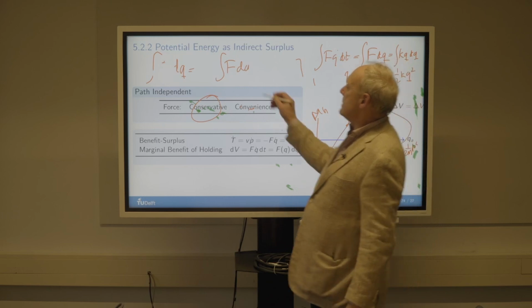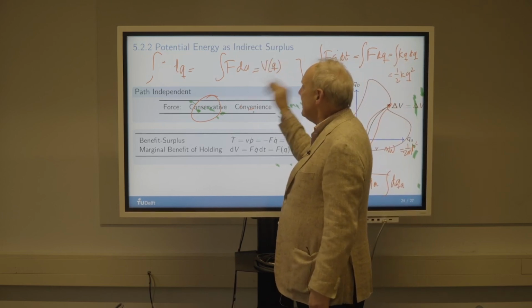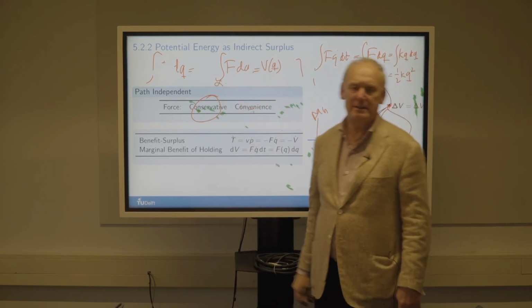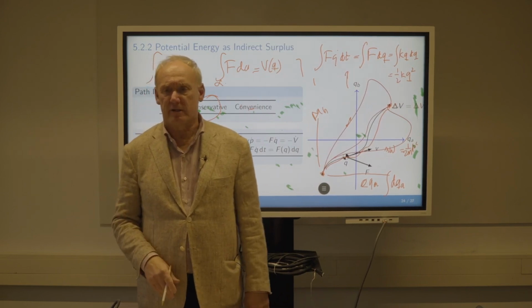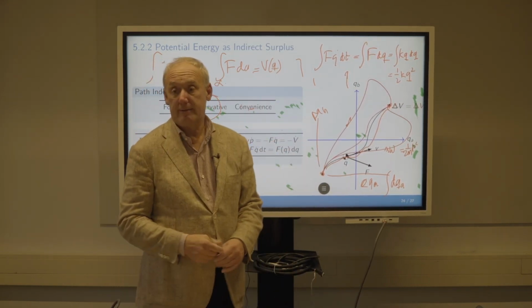And if it works out, then you can get this function of Q that is independent of how you got there. That's important to see. Otherwise, this function is pointless. It's not a function at all. It's just some kind of number you associate with a particular path.